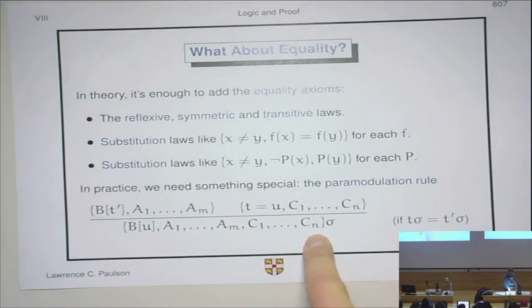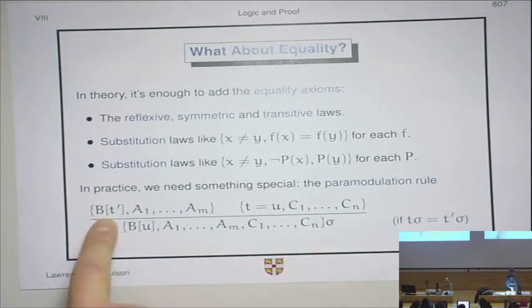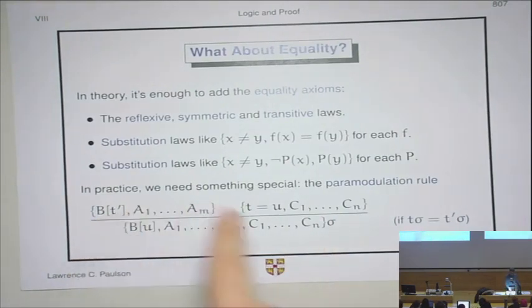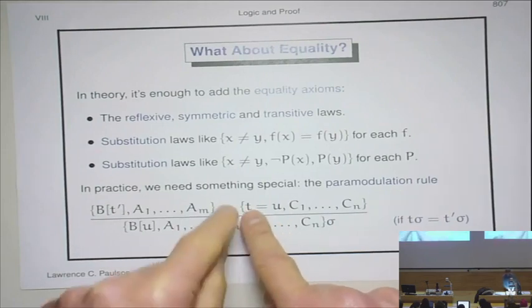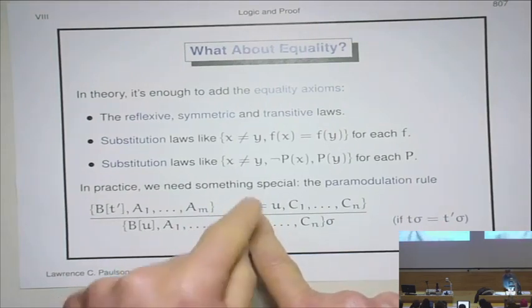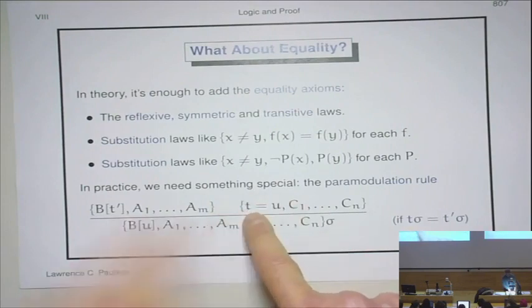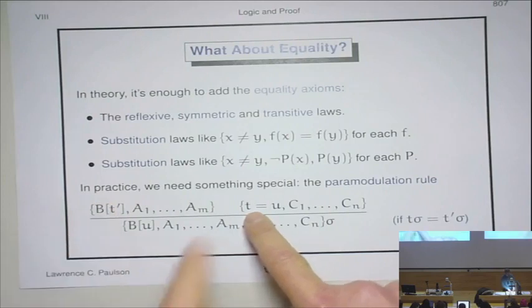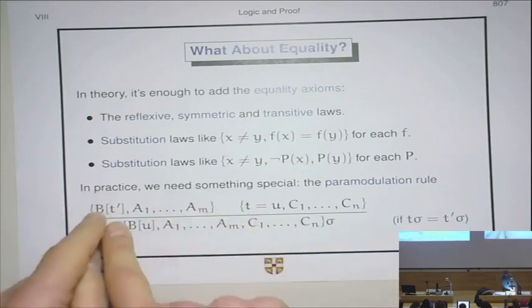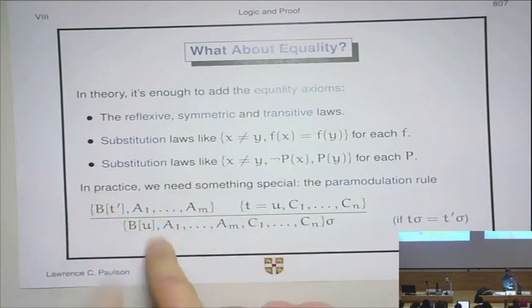But what we're doing instead, we have a literal here, and we have an equality there, and we're unifying this term t here, which is equal to u, with some subterm of this other literal, and then you see in the conclusion we've replaced it by u. So we've done a kind of substitution step.